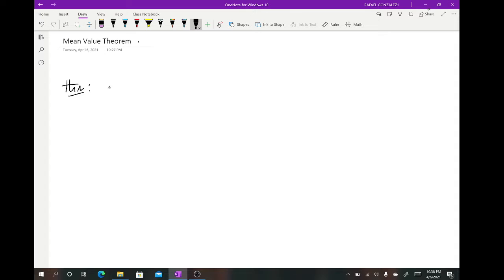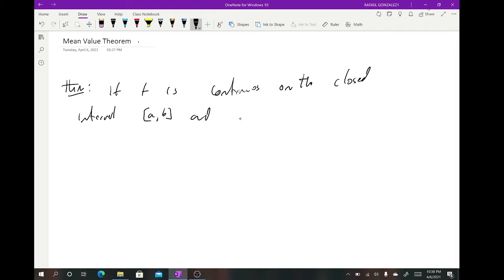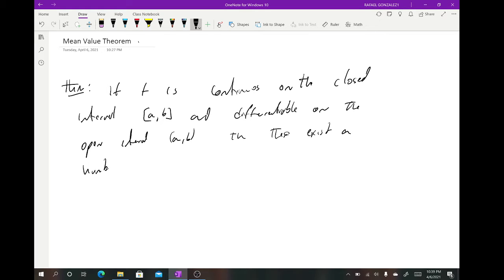The theorem says that if f is continuous on the closed interval [a, b] and differentiable on the open interval (a, b), then there exists a number c in the interval (a, b) such that the following is true.